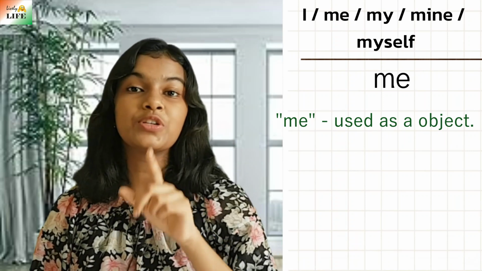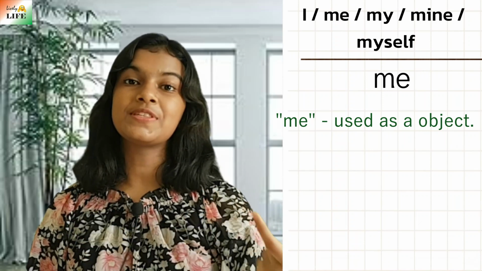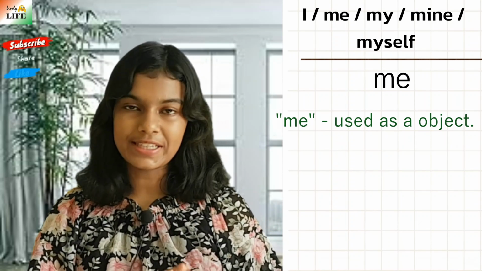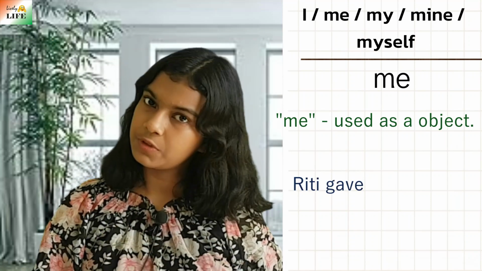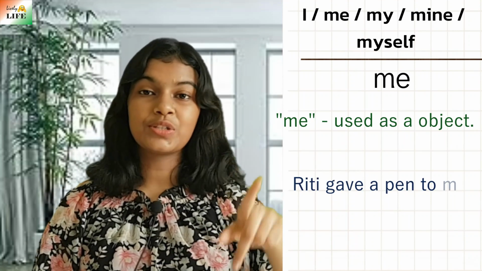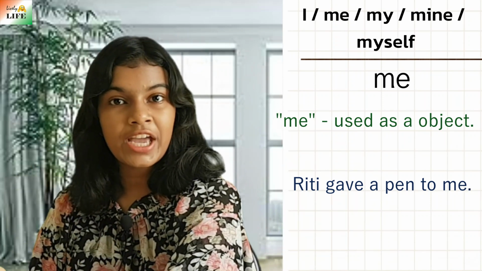When you are going to use yourself as an object, then you use me. I am explaining it to you with an example. Riti gave a pen to me. In the earlier example we took, I gave a pen to Riti, here I is the subject.